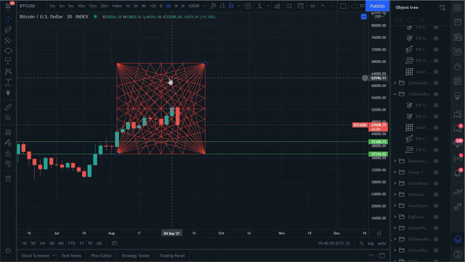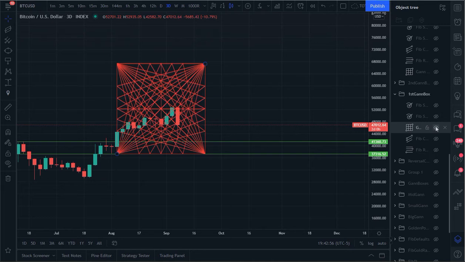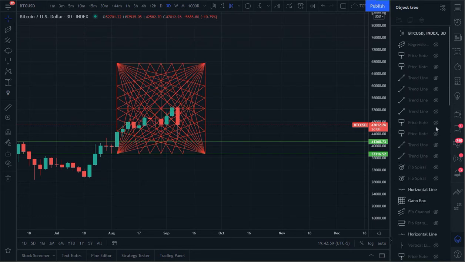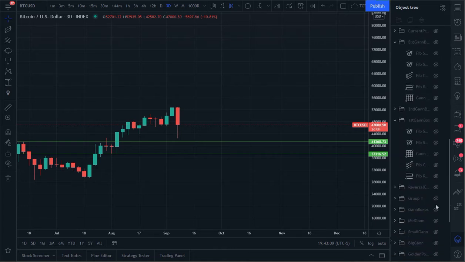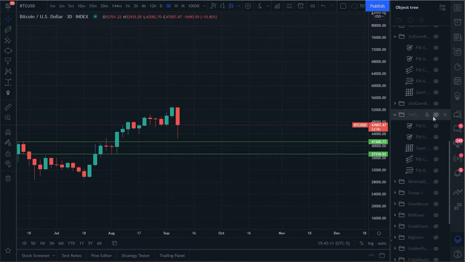When you do these kinds of operations, especially when you have one box, the other box, this box is the same, so I will now remove the box that we have drawn together here, and also the 2 fibs that I will not need anymore, because I have everything in this first Gann box.